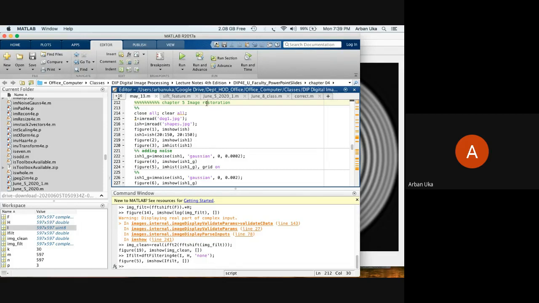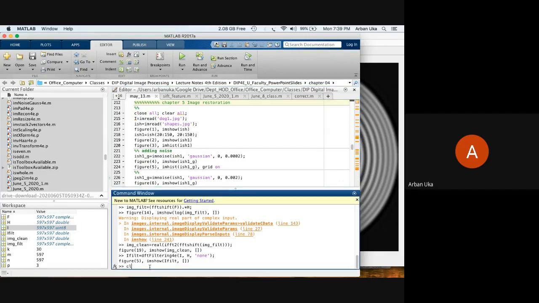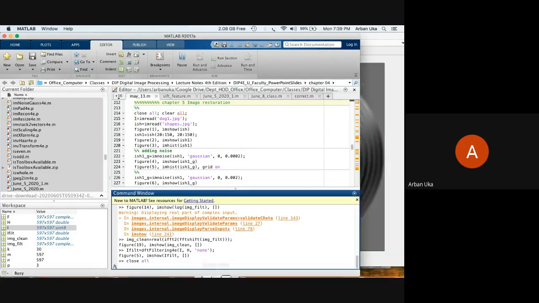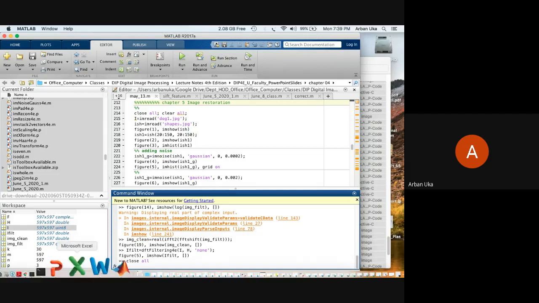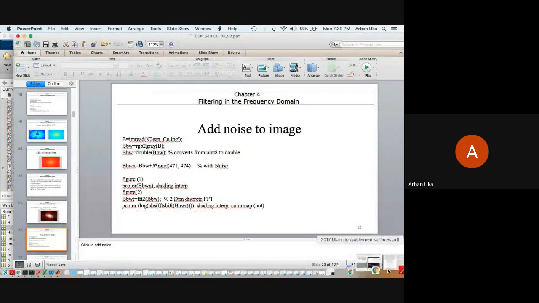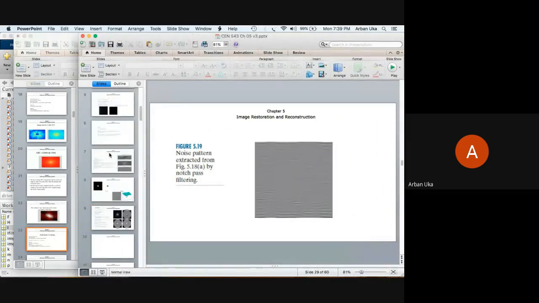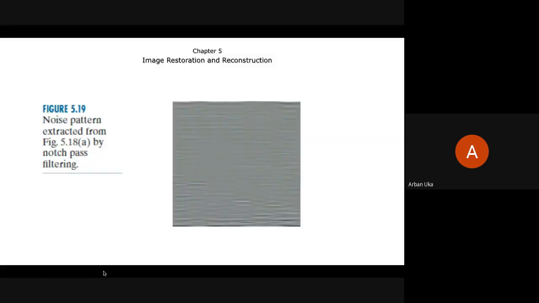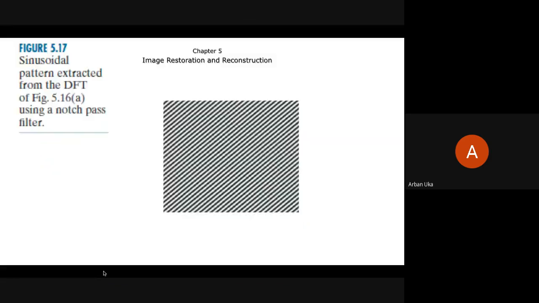Chapter 5 is image restoration and reconstruction. And let's have a look at these. This is chapter 5.